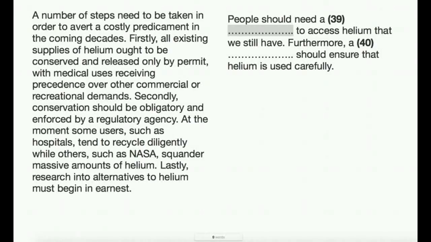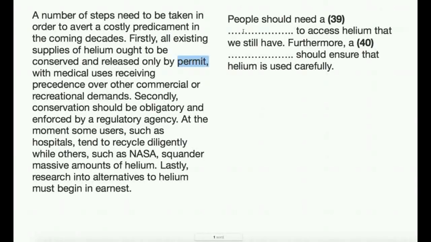But again, we can do another step just to double check this, because we can think again what word might need to go in here. Again, we have a, so it's going to be a noun again, a something to access helium. If we go through what nouns are in here, a helium, people need a helium to access helium. That makes no sense. We have permit, people should need a permit to access helium.